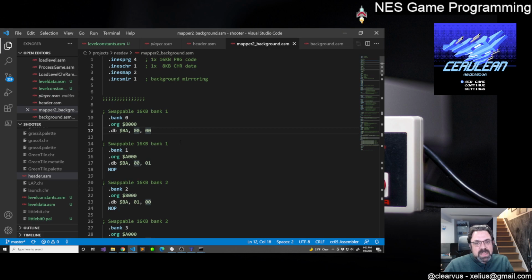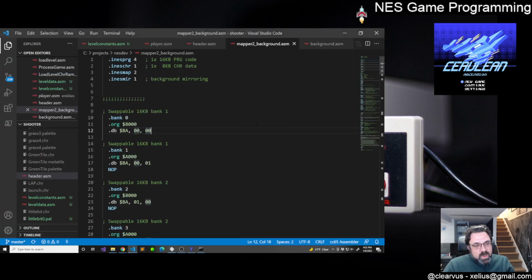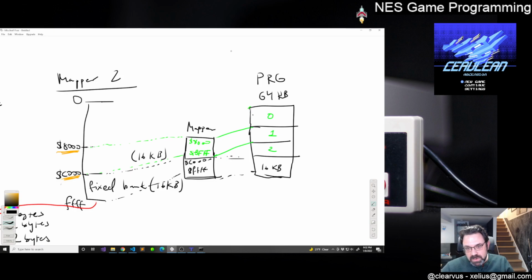So I want to explain where the challenge came about for me understanding what was going on, because of the difference between the way the mapper works in terms of its window of 16K versus what NESASM does, right? So here's our prog ROM that's 64K in total. The mapper splits the address space into two 16K address spaces, and then I can look at any of these with this one being fixed.